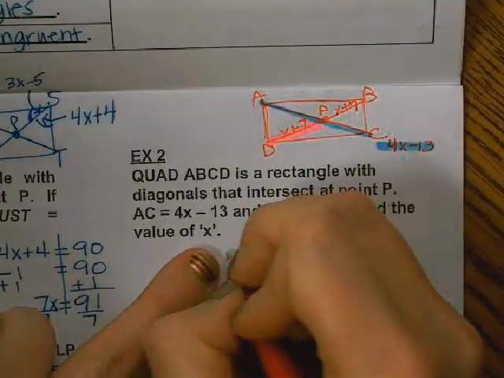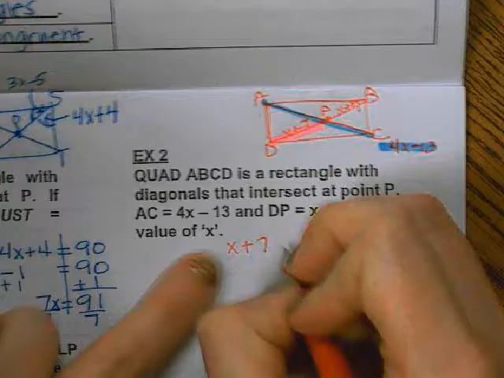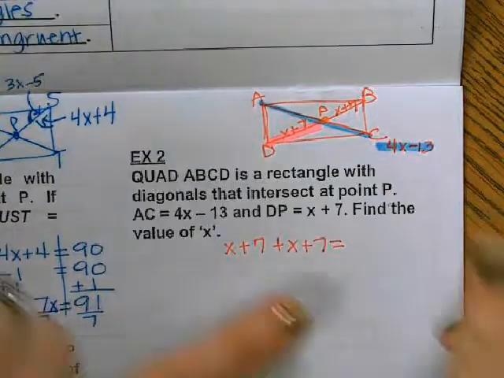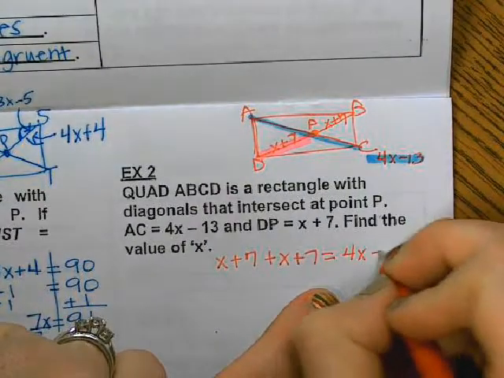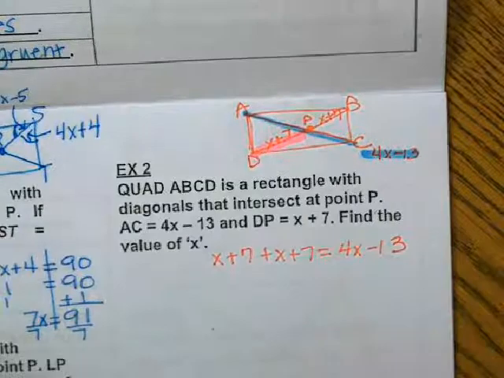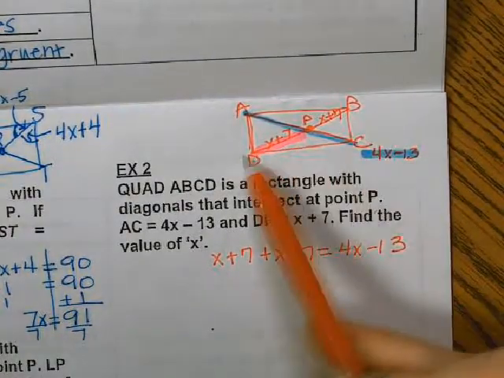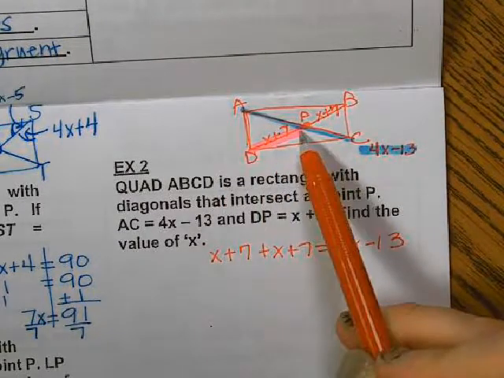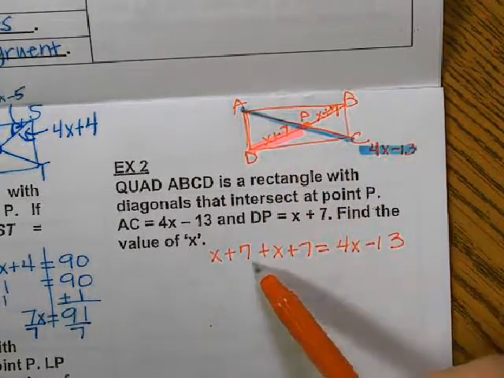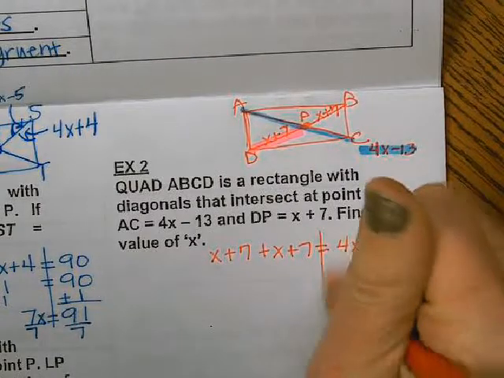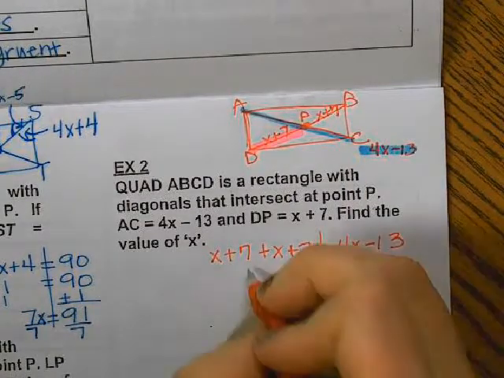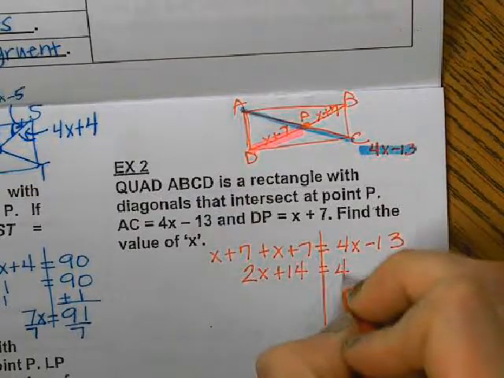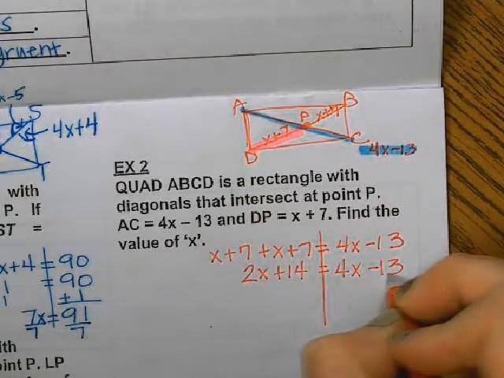So we're going to say x plus 7 plus x plus 7 equals the whole thing, 4x minus 13. Okay? So this whole diagonal is equal to this whole diagonal. So that's why I had to write x plus 7 twice. Okay? Now we're going to solve this equation.